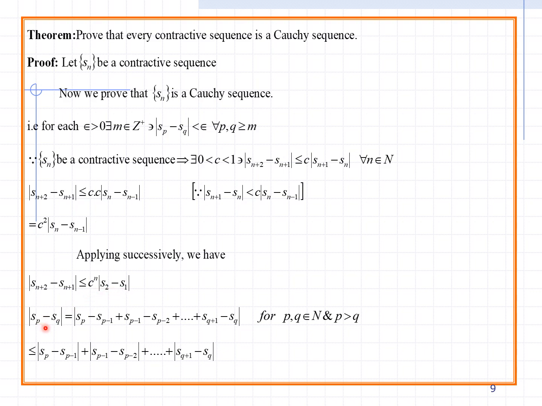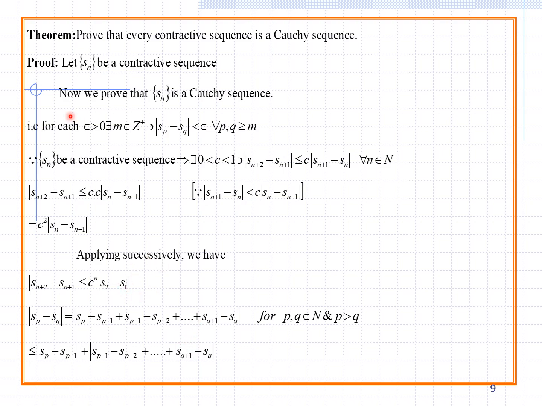So modulus Sp minus Sq equals, here I can add and subtract terms: Sp minus Sp minus 1 plus Sp minus 1 minus Sp minus 2, and so on, up to Sq plus 1 minus Sq, for p, q belongs to capital N and p greater than q. So this is less than or equal to modulus Sp minus Sp minus 1 plus modulus Sp minus 1 minus Sp minus 2, and so on, and the last term is modulus Sq plus 1 minus Sq.